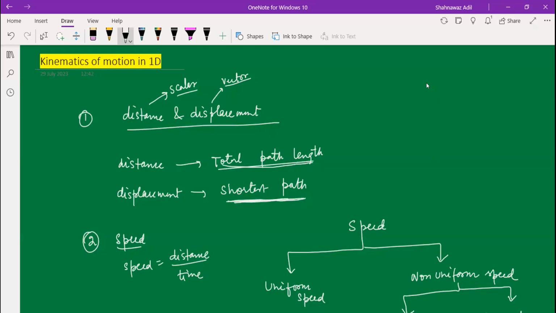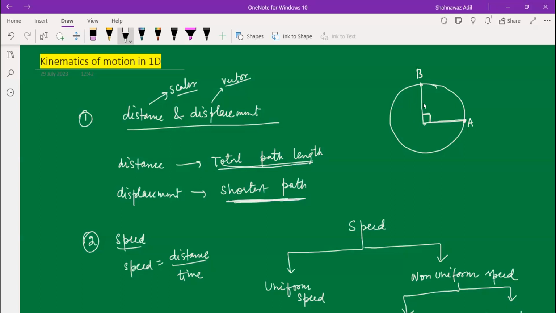And let's say the object is moving in a circle and I'm talking about these 2 points. The object was here at A and then it covers this 90-degree arc and then reaches here, right?